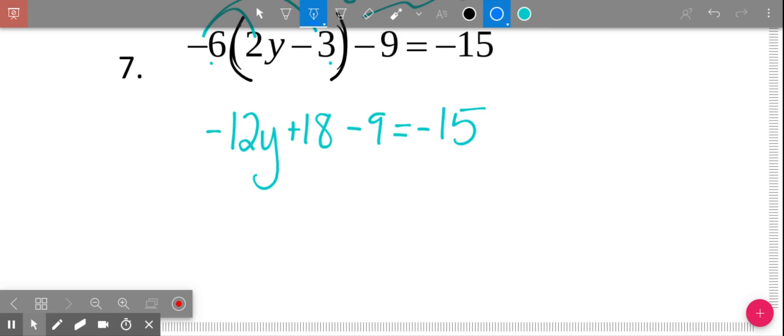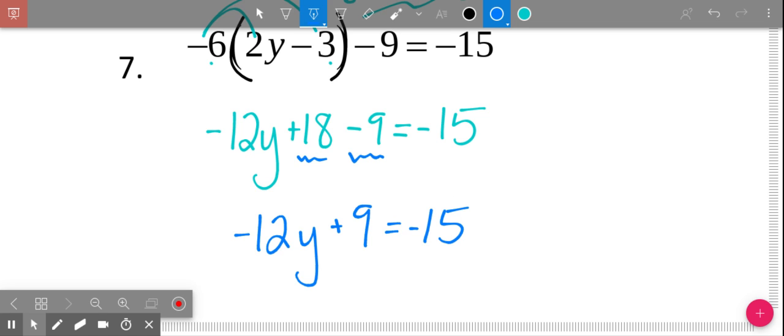So since we have lots of numbers over there, we need to combine our like terms. So the negative 12y just goes down. 18 minus 9 gives me negative 9. Not negative 9. Sorry, guys. 18 minus 9 gives me a positive 9, which is equal to negative 15.